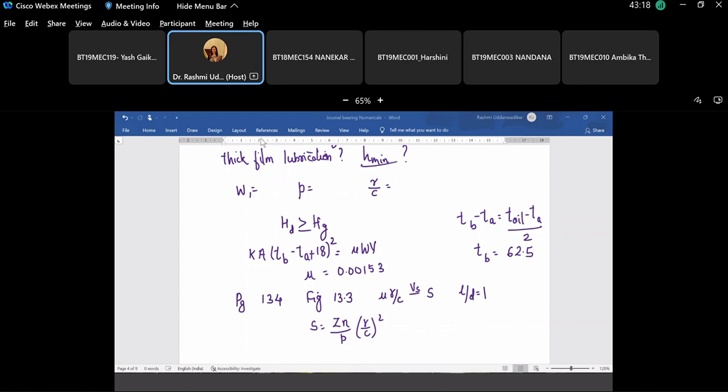So instead of doing the calculations every time, all the designers are expected to refer to these experimental graphs and curves. So Sommerfeld number doesn't represent something. It is just number of variables clubbed together to make it dimensionless. And the significance is only to get the variables that are required for designing a bearing.